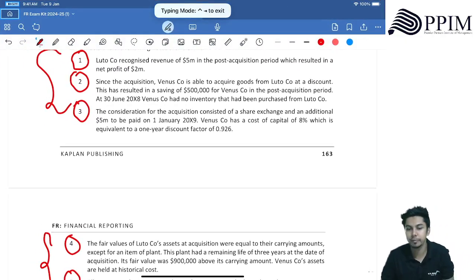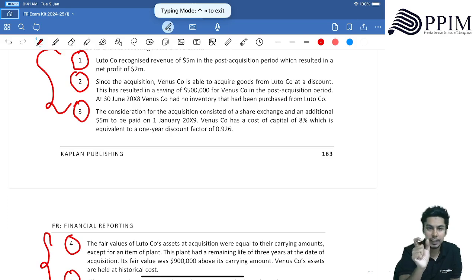Start adjusting these 5 points. You just take the number and see if this is not there, what will happen to my profit? Will my profit go up or go down? That's it. Okay.